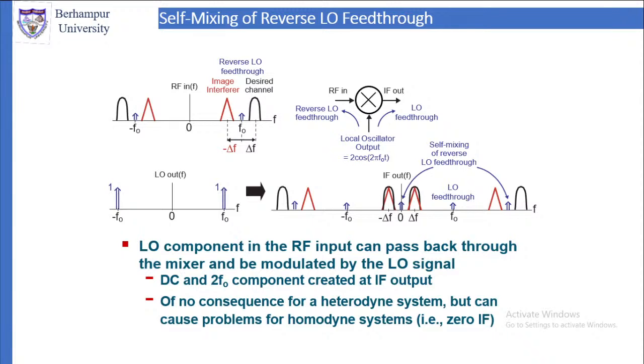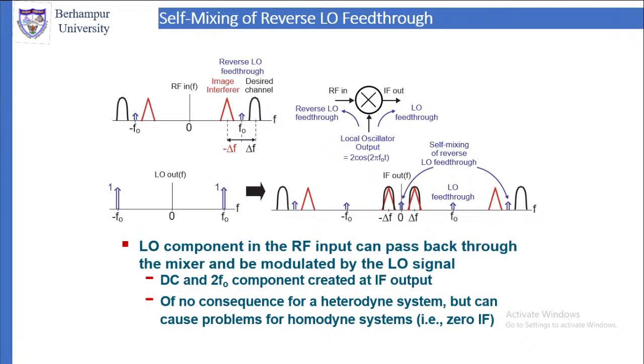Then you have the desired channel, then you have the image interferer. These two will always be there. The desired channel will always be there. That is what we are going to process. The image interferer, we will see how to remove that later, but we cannot use a filter, as we have seen. So the desired channel and image interferer will be there. In addition to that, at F0 in the RF spectrum, there will be a component at F0 because that comes from the reverse LO feed through.